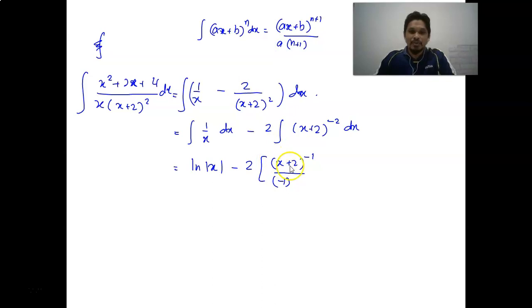So (x plus 2) to the power of negative 1 divided by negative 1, multiplied with the derivative of x plus 2, which is 1, plus c. Negative times negative is positive, so plus 2 times (x plus 2) to the power of negative 1, which is 2 divided by (x plus 2) in the denominator, and then plus c.